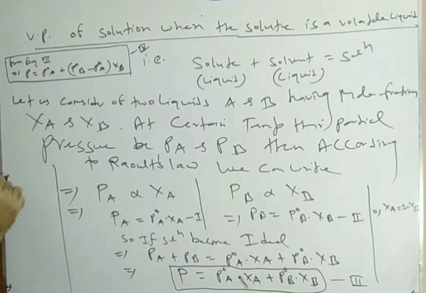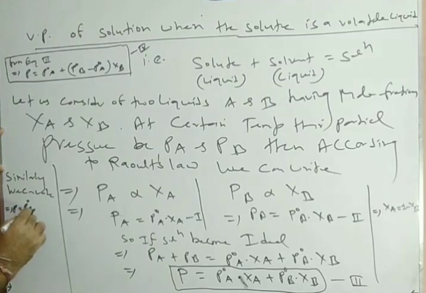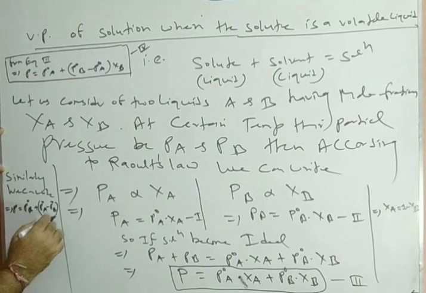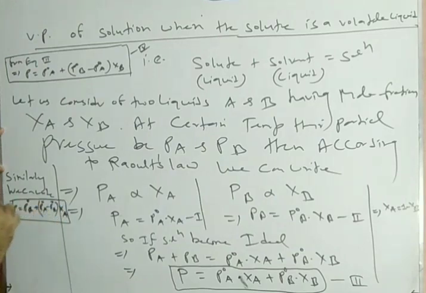Similarly, we can write P is equal to P naught B plus P naught A minus P naught B into what? XA. This is supposed to be our equation number 5.